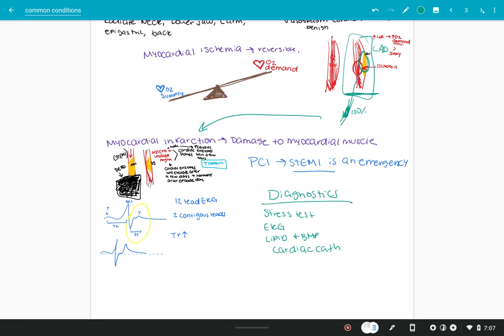So, like I said, cardiac cath is the test that we want to do. This is the gold standard for diagnostics for coronary artery disease.